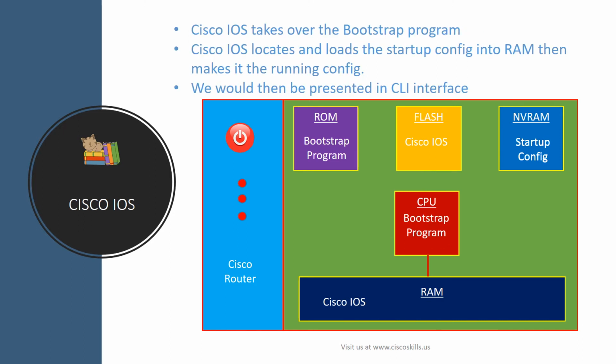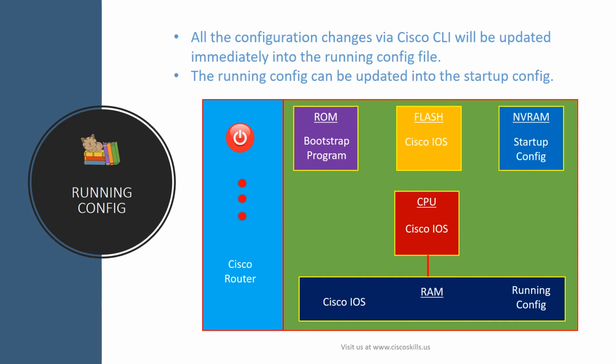As soon as the Cisco IOS is loaded into RAM, it takes over the bootstrap program. The IOS then instructed the CPU to locate and load the startup config into RAM, then makes it running config. We would then be presented in CLI interface.